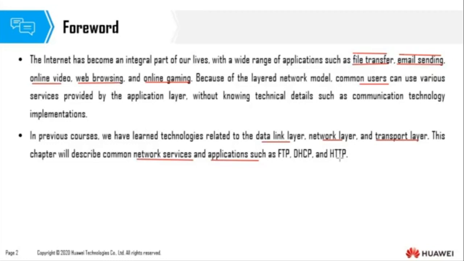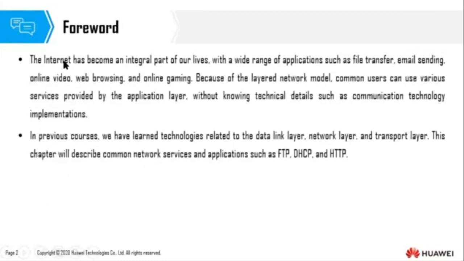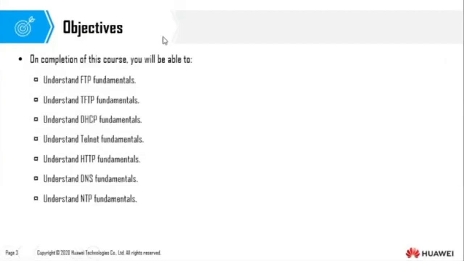By the end of this chapter, you will have an understanding of the following application layer protocols: FTP, TFTP, DHCP, Telnet, HTTP, DNS, and NTP, Network Time Protocol.